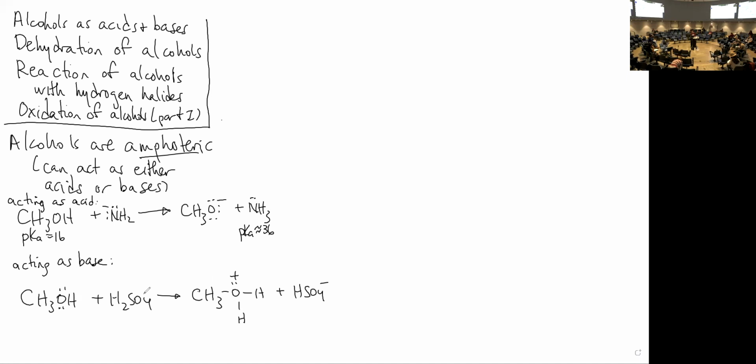And you can verify for yourself that both of these equations are balanced. Remember that when we balance equations, we balance not only for mass, but also for charge. So for example, in the first equation we had over here, the total charge on the reagent side is -1. You have 0 and -1. And the total charge on the product side is also -1. You have -1 plus 0.